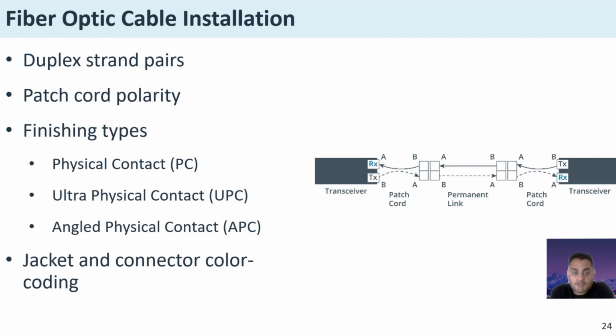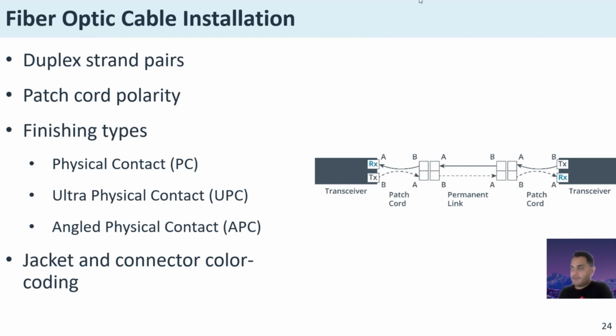Duplex patch cords must maintain the correct polarity so that the transmit port on the transmitter is linked to the receiving port on the receiver, and vice versa. The TIA/EIA cabling standard sets out A to B patch cord to port orientations. Each element in the link must perform a crossover, and there must be an odd number of elements, such as 2 patch cords and a permanent link, 3 elements.